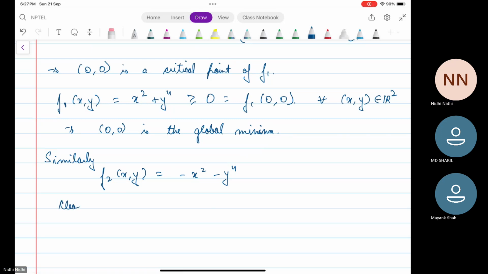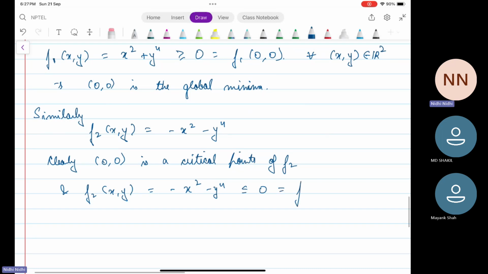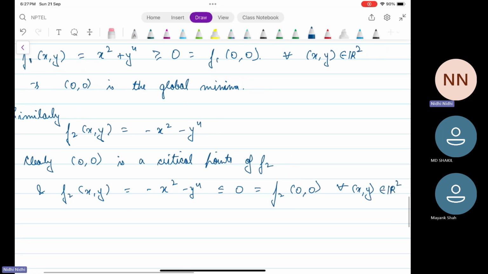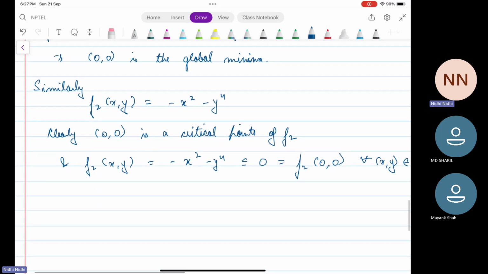Clearly, the origin is a critical point of f2, and f2(x,y) will always be negative or zero, which is the value of the function at (0,0). This is happening for every x, y in R2. Therefore, the origin turns out to be the global maximum.